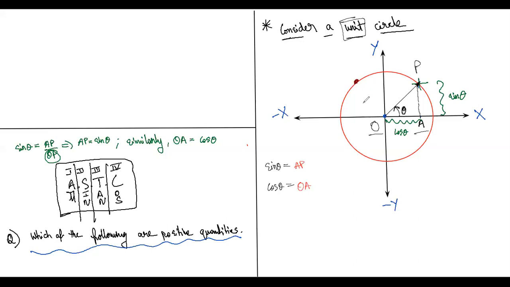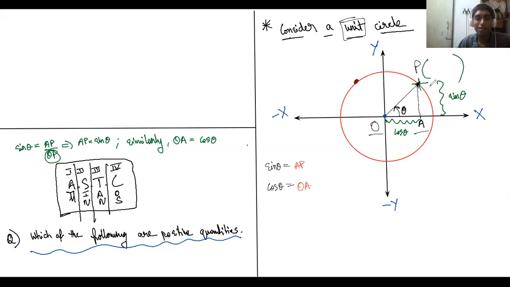Now, having learned coordinate geometry, try to think about it. What will this point be? If this is cos theta, this is sine theta, then this point would be? This distance is sine theta and this distance is cos theta. So this point would be something comma something. Remember coordinate geometry?